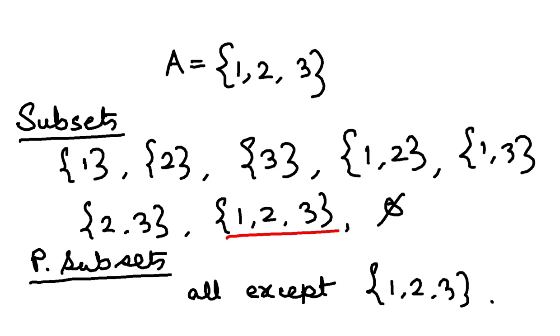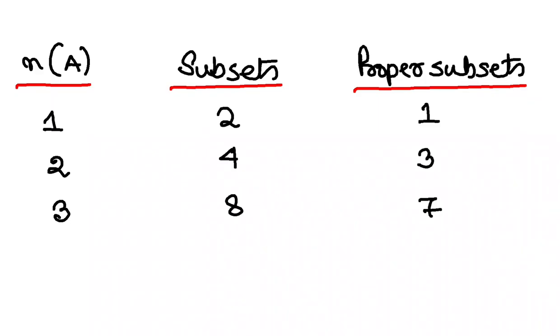Okay, so how many subsets in this case? 8. How many proper subsets? 7. Okay, so we have discussed a set having one element, 2 elements and 3 elements, isn't it? Now let us stabilize everything whatever we have learned. So this is what we have been doing till now.